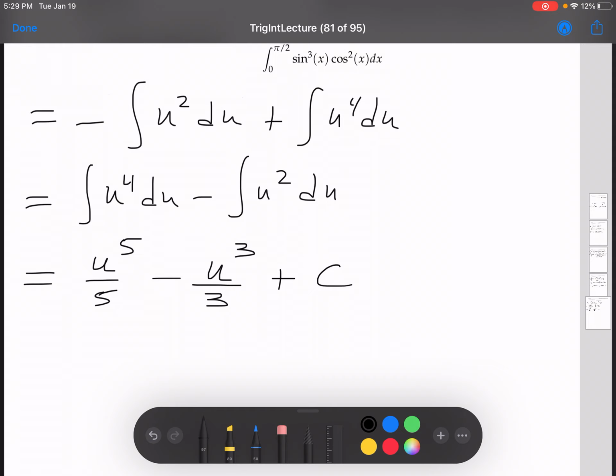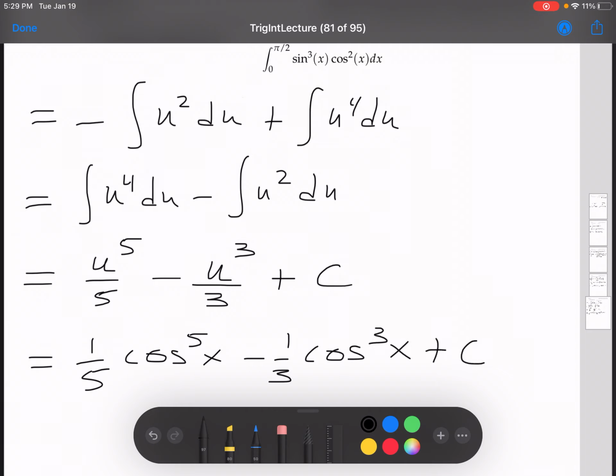And then, right, so u is cosine, that's right. U is cosine, so then now we have 1/5 cosine to the 5th x minus 1/3 cosine cubed x plus c.